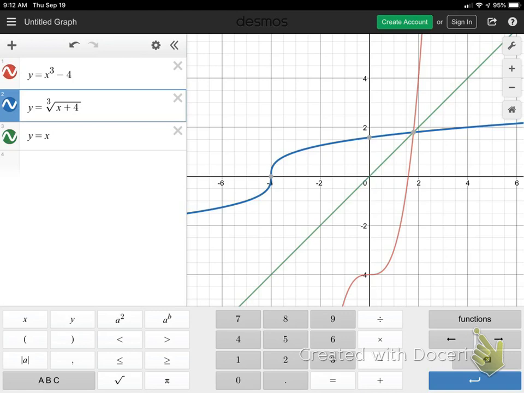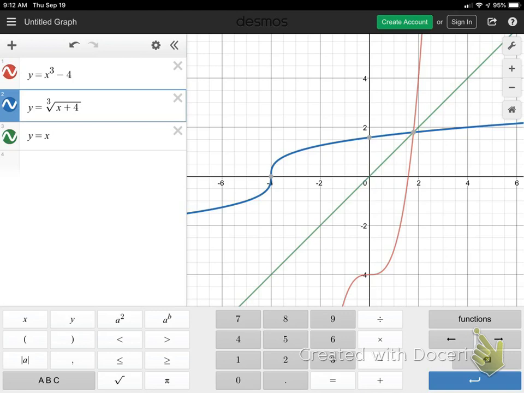X to the third minus 4 is a translation of x to the third, and if you think back to what we did on Tuesday, because of the minus 4, we just move it straight down 4. The inverse is y equals the cubed root of x plus 4. That is my blue.